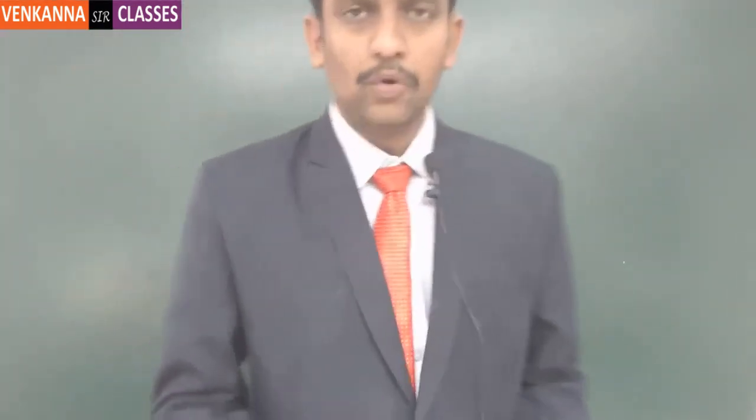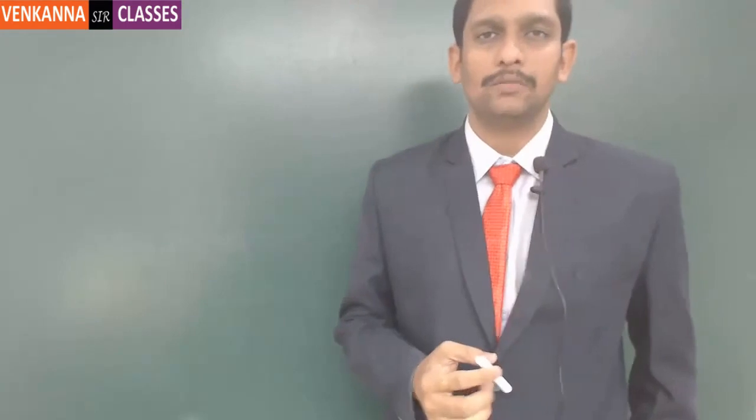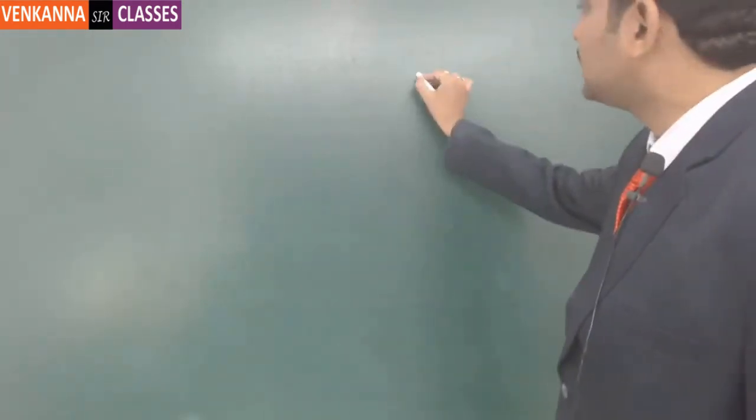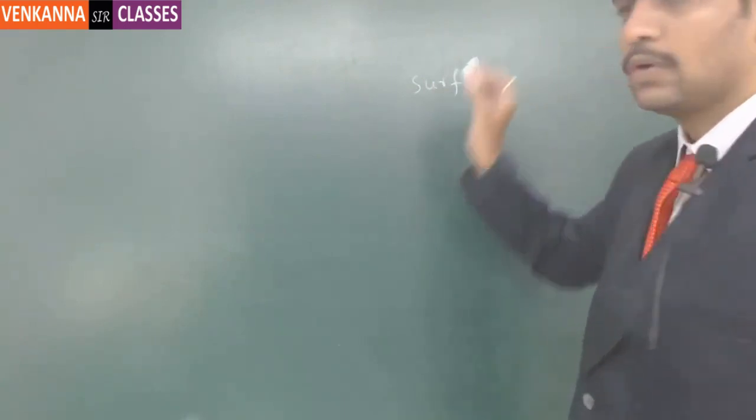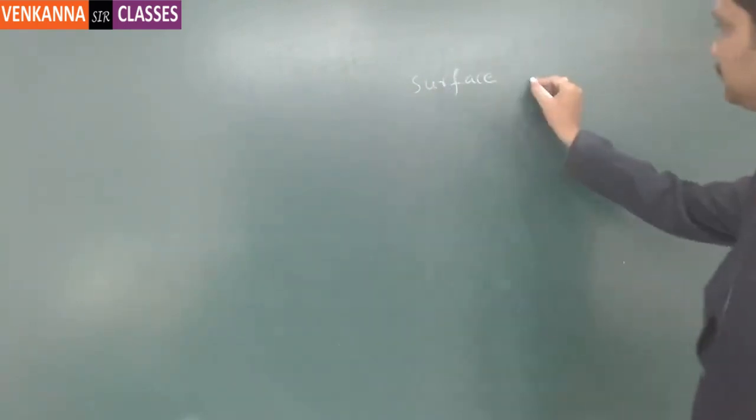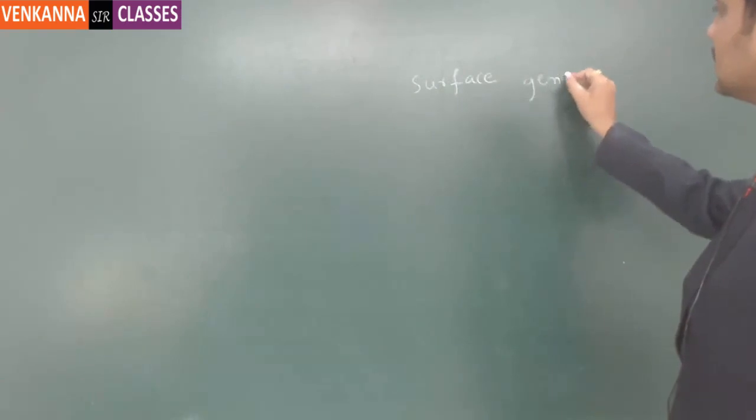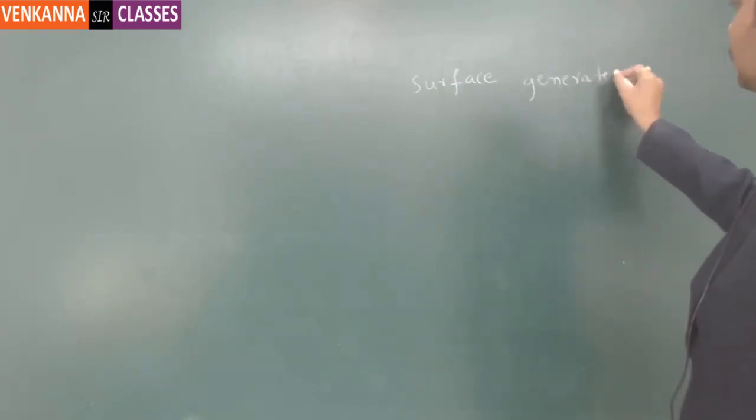If we think about what is meant by a cone, we simply say that a cone is a surface generated by a straight line.